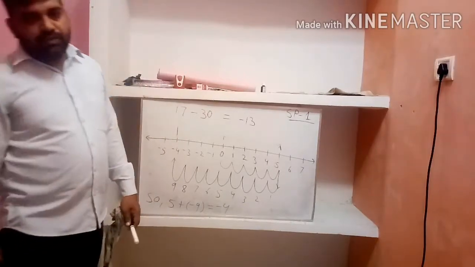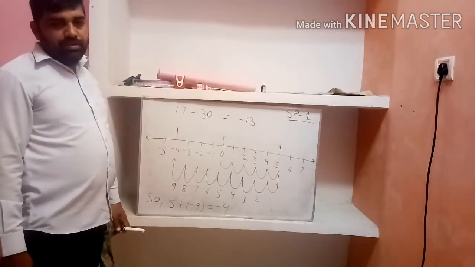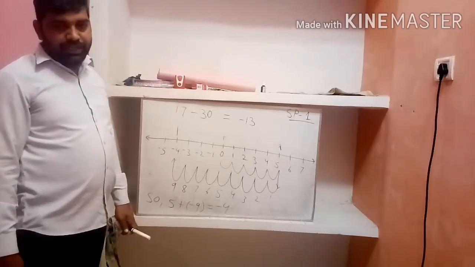Now the opposite of b is what? Minus b. So a minus b is equal to a plus minus b, it can also be written like this.